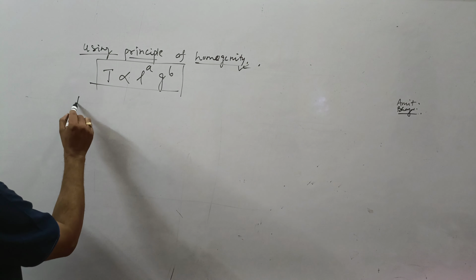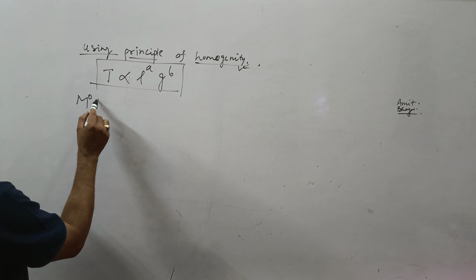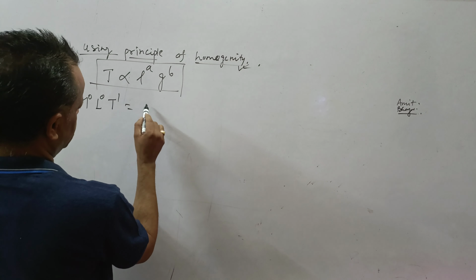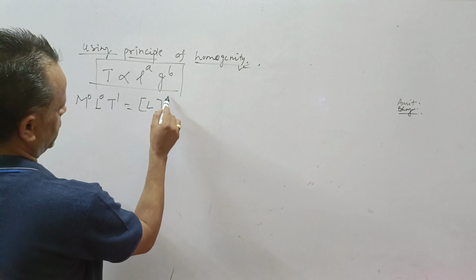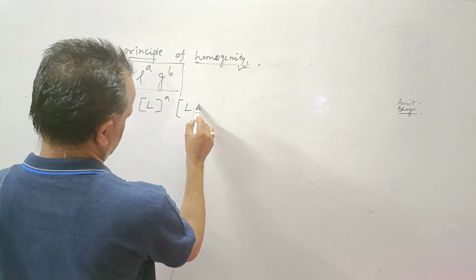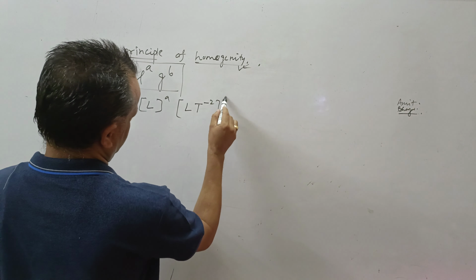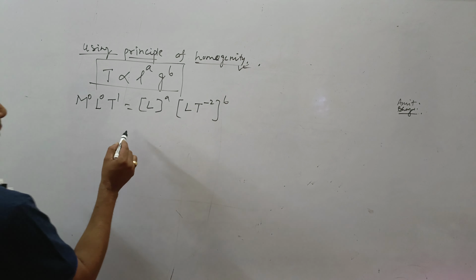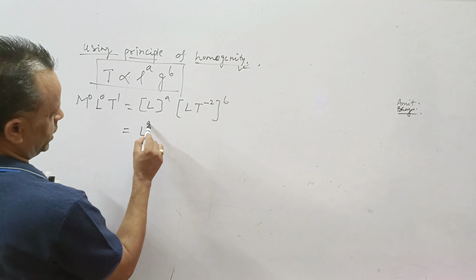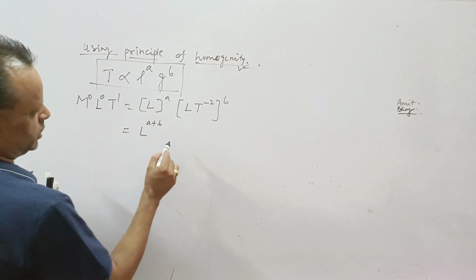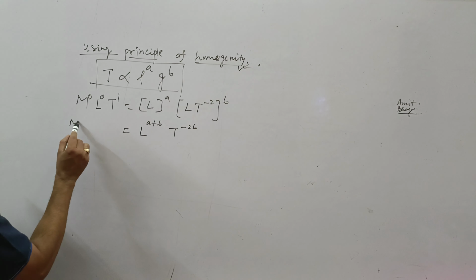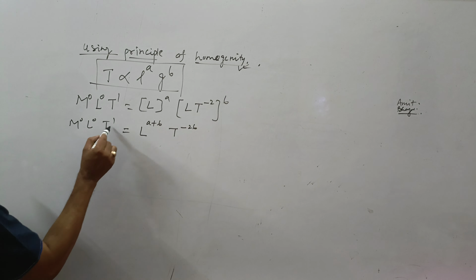See what it says. Over here it is M0 L0 T to the power 1. Over here length is L, power is a, and for gravity we have meter per second square, so power is b. Using the principle of homogeneity, this is L to the power a, this is L to the power b, which can be written as L to the power a plus b, and this is coming out to be T to the power minus 2b. This equals M0 L0 T to the power 1.